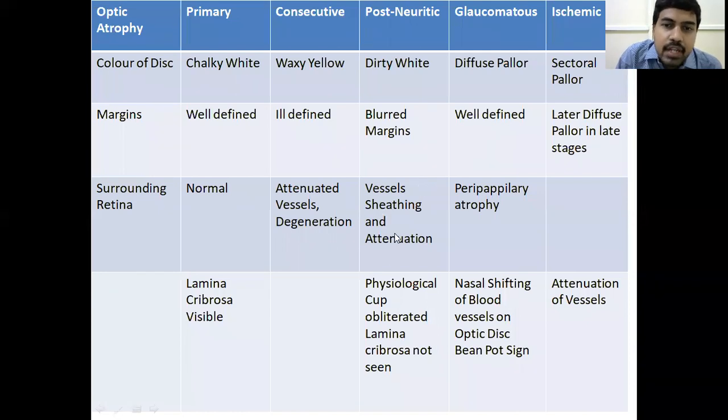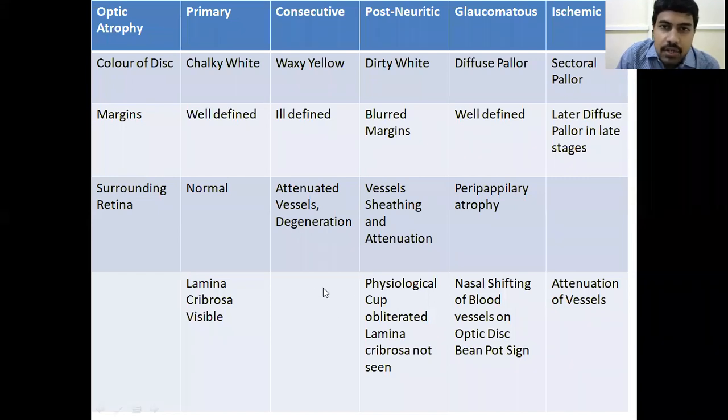In post-neuritic, there will be attenuation of the blood vessels and also sheathing around the vessels. The sheathing is because of the inflammatory products released during the inflammation. And in glaucomatous, peripapillary atrophy will be seen. Okay. And in primary, the lamina cribrosa is visible. Lamina cribrosa is a sieve-like structure present in the sclera at the junction of the eyeball and the optic nerve.